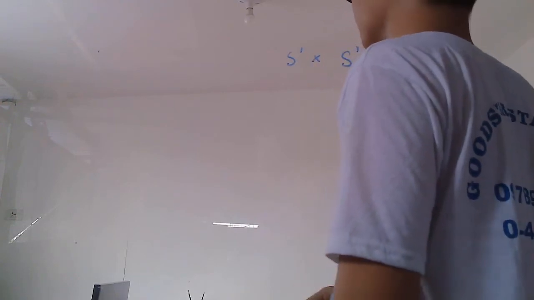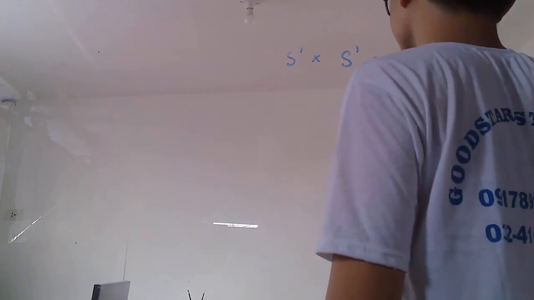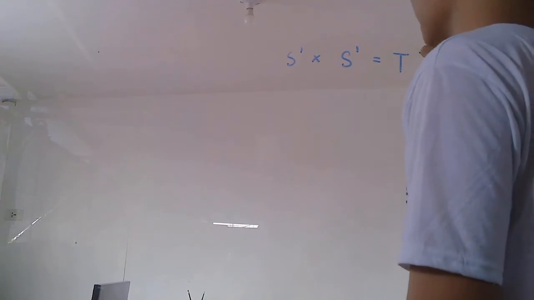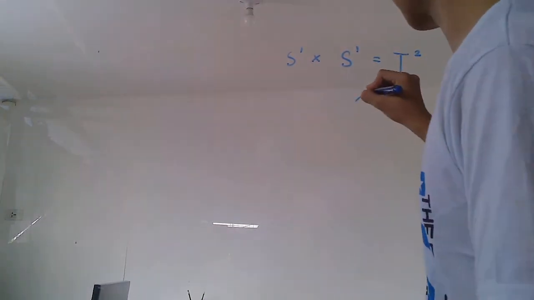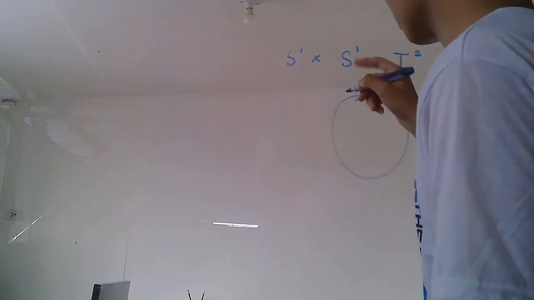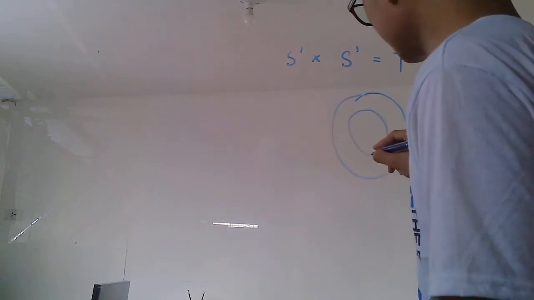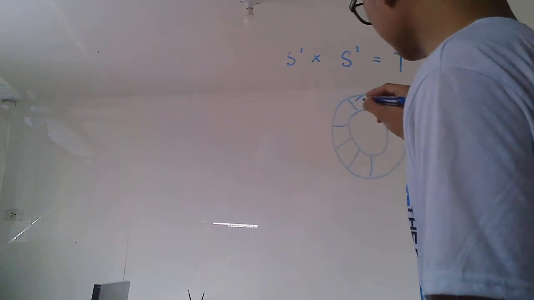So you have S1, and we take its product with another S1, and then we get some torus T in 2 dimensions. That's this circle S1 here, and then this second circle, and then we have ourselves a torus.